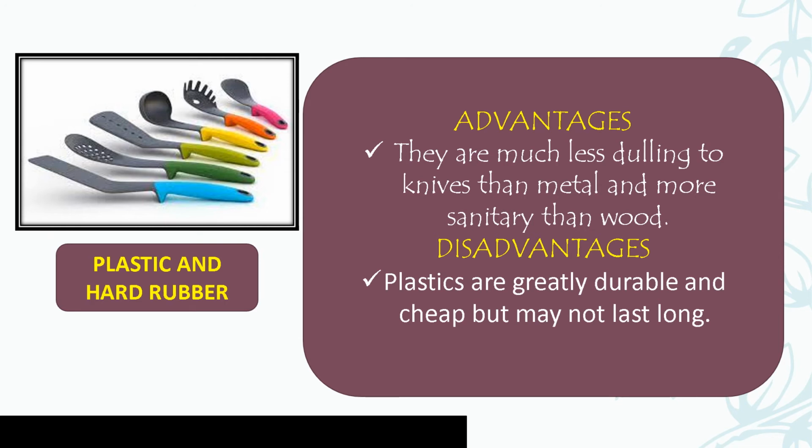And the disadvantage, plastics are greatly durable and cheap but may not last long. Alam naman natin na kapag nagluluto tayo, if we use plastic while cooking, pwede siyang dumikit dun sa metal, like kawali or kaldero, and it is not advisable for us to use it. Kasi nga, baka sumama dun sa ating kinakain.